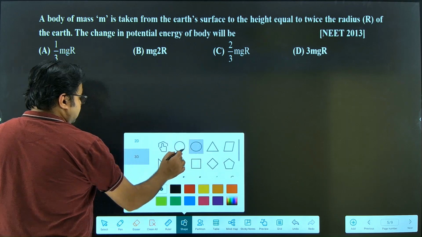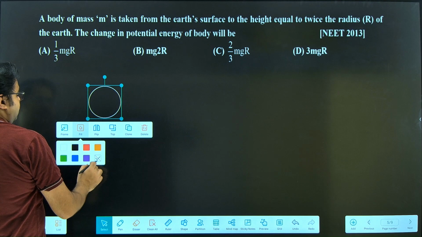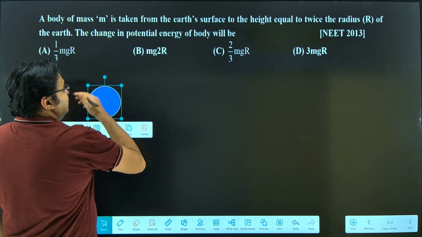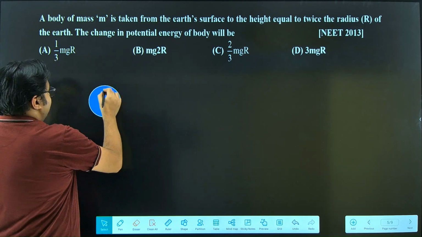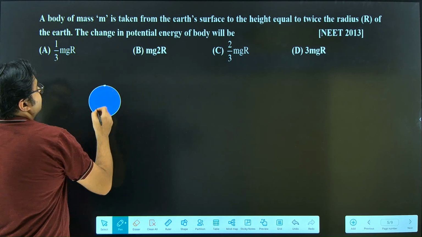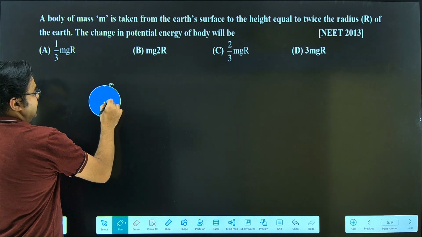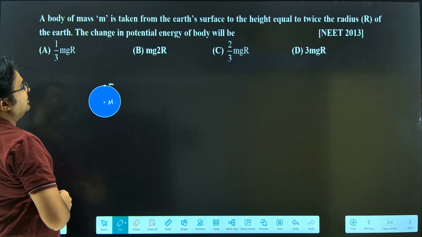Here is Earth. And at the surface of the Earth, you have a body of mass m. And the mass of the Earth itself is capital M, by the way, needless to say.